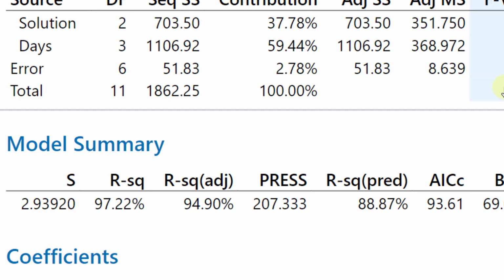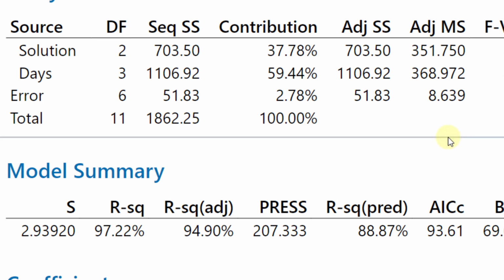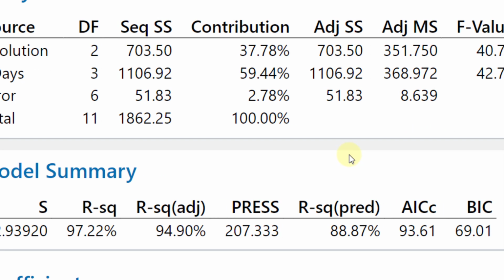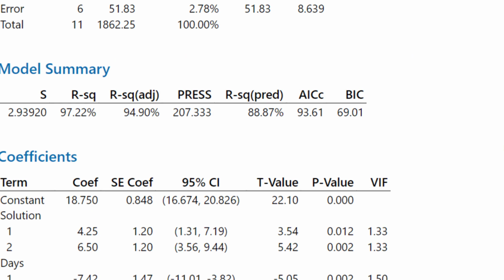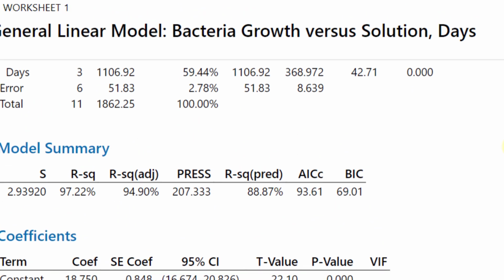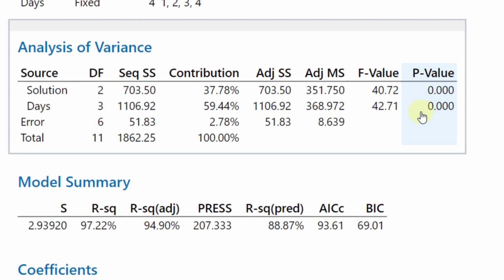Now we talk about the ANOVA table. The ANOVA table shows that the p-value associated with both parameters, solution and days, is too small, less than 0.05. The 0.05 is our significance level, or you can say our cutoff value.